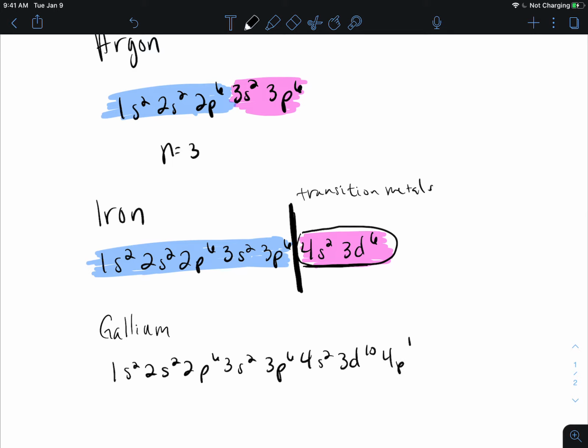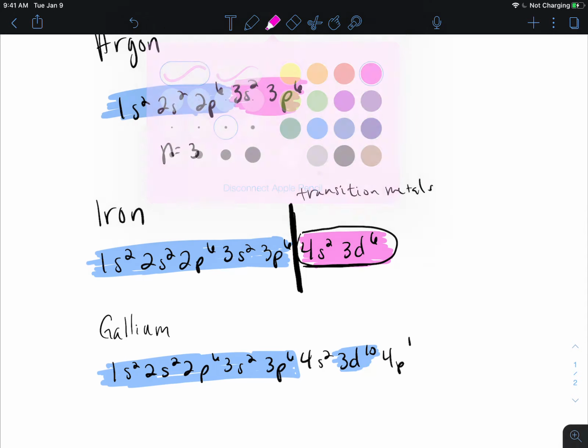Going to gallium, we're going to go back to our normal description where our max n value electrons are our valence. Anything less than the max is core. So these are all core, and so are these.